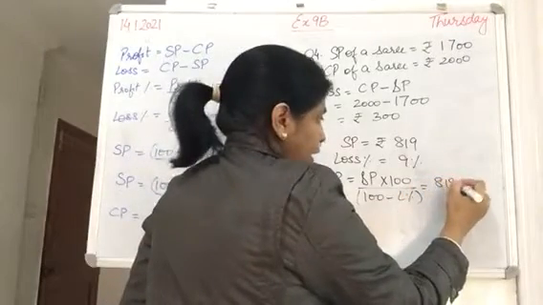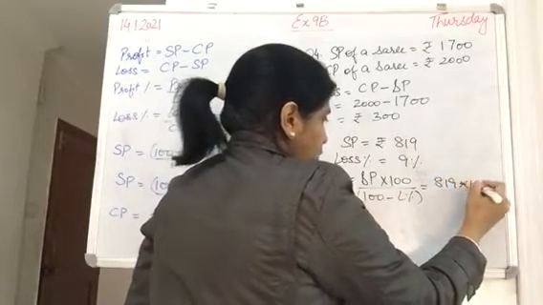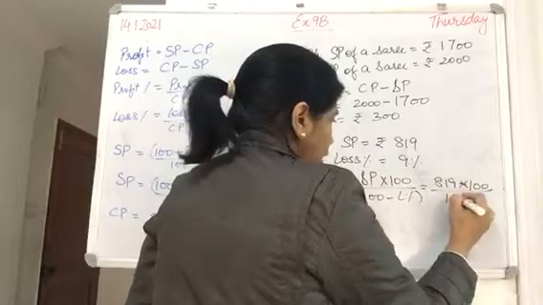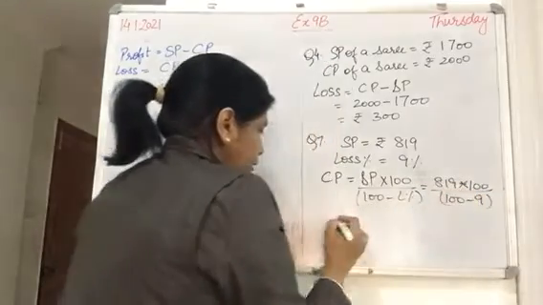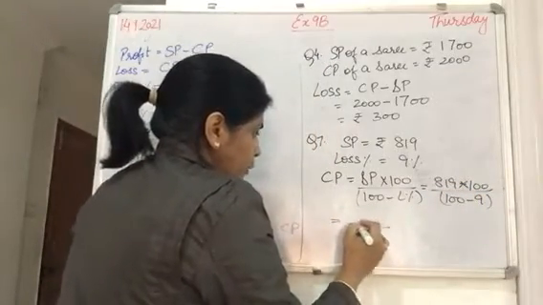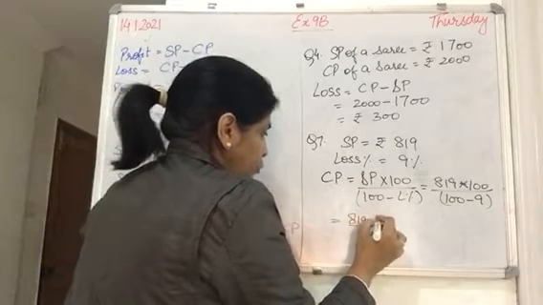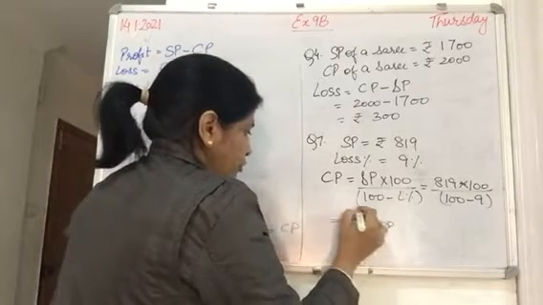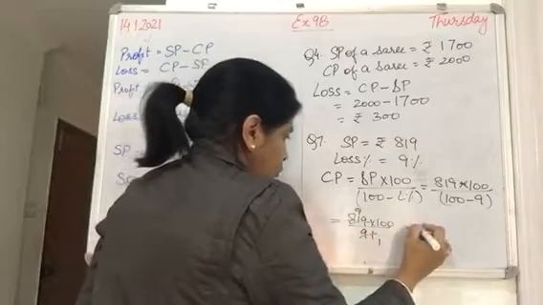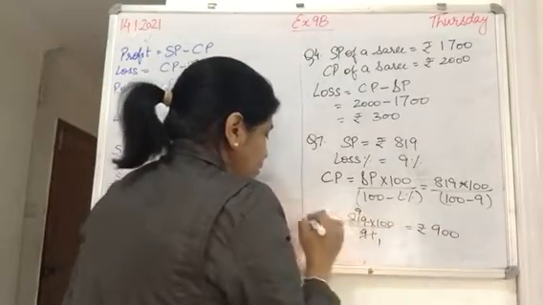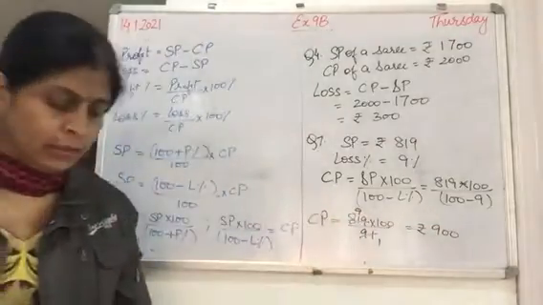So 819 into 100 upon 100 minus 9. 100 minus 9 is 91, into 100. So rupees 900 is the cost price. Now we get the cost price.